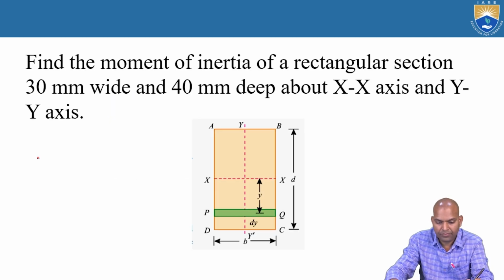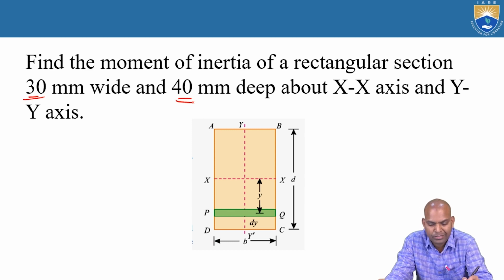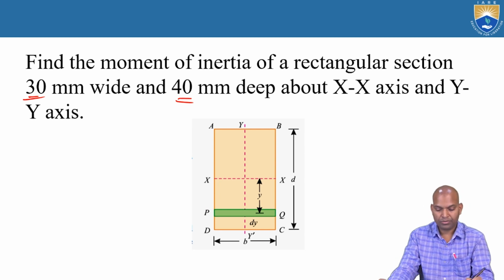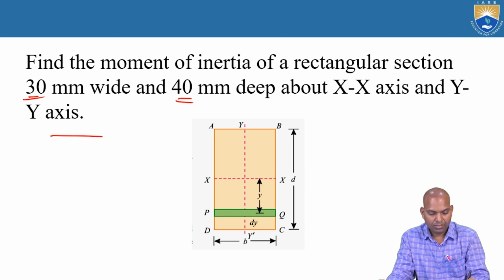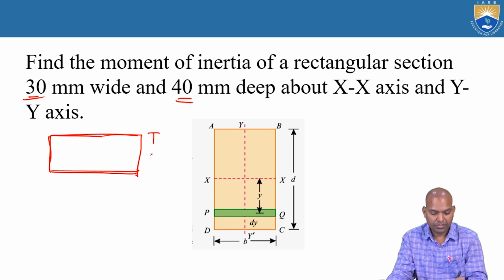Suppose we find the moment of inertia of a rectangular section, here 30 mm wide and 40 mm deep, about the x axis and y axis. We have already solved that. Now suppose the dimensions of the rectangular section are a depth of 20 millimeters and a width of 40 millimeters.